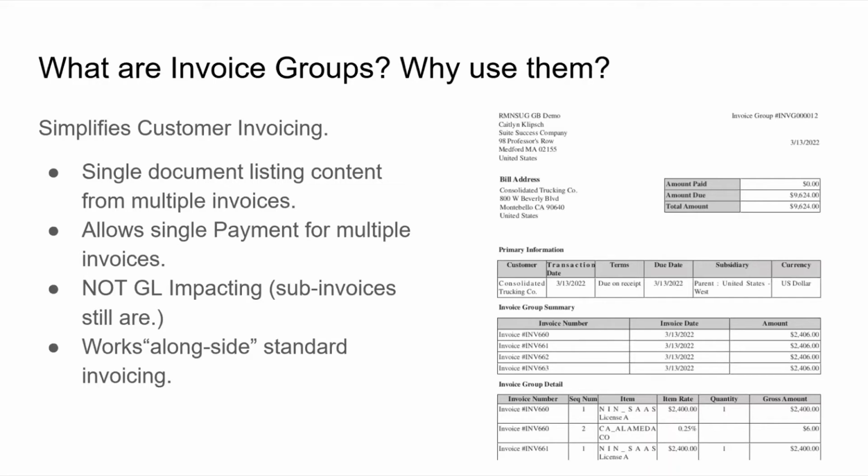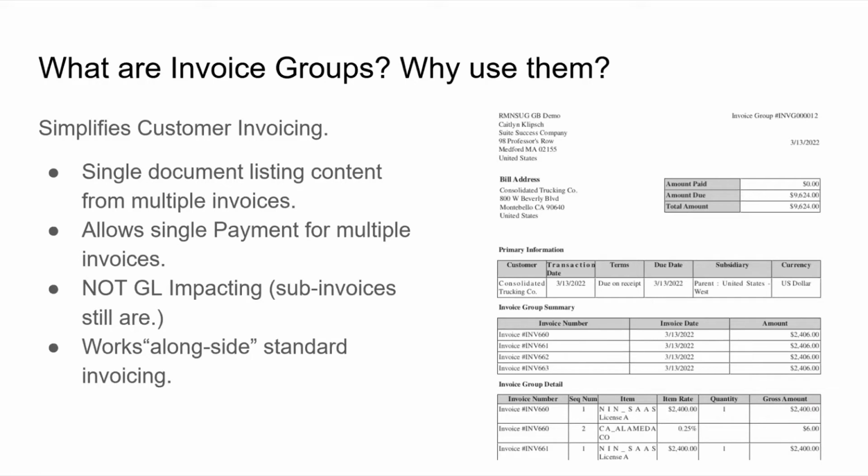And well, it's hard because we generate them this way or that. So NetSuite solves that through what they call invoice groups. An invoice group in NetSuite is a record that allows you to take multiple invoices and put them together and present them as a single thing.